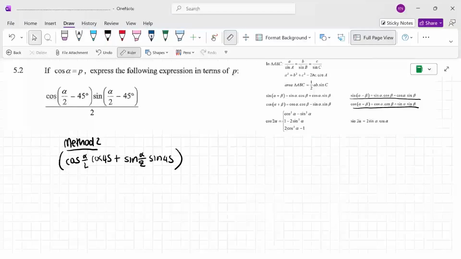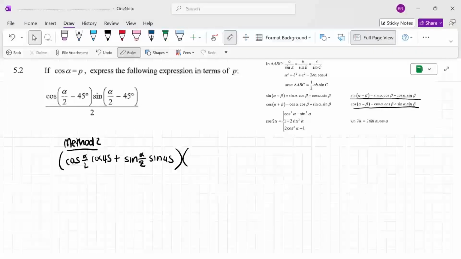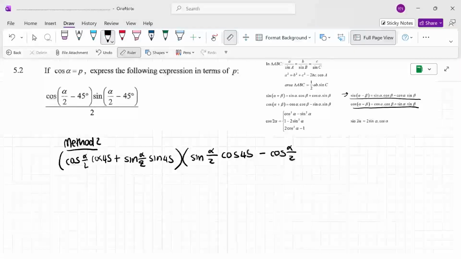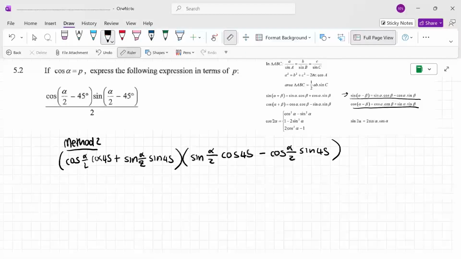And then I'm going to multiply that with the sine compound angle. So breaking that down, it'll be sine of alpha over 2 multiplied by cos of 45 minus cos of alpha over 2 sine of 45. Okay, right. And this is all going to be over 2.